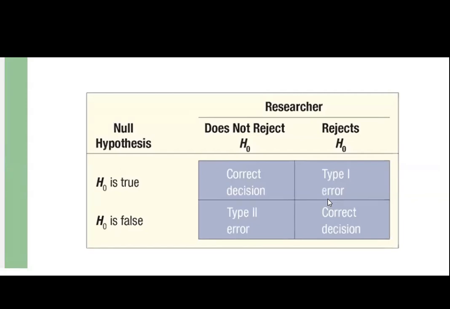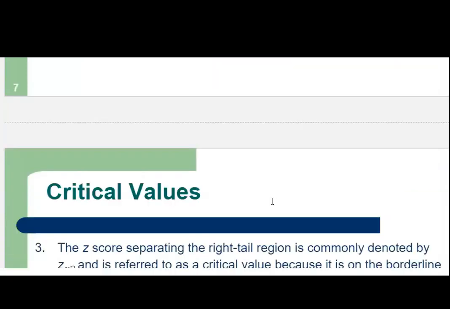It's good to know that if your sample is not collected well, if you don't have a big sample, if you don't have a randomly collected sample, if you don't have your questionnaire designed in a scientific manner, these are reasons that your data can be less reliable, and as a result, that brings you to some errors in decision making.